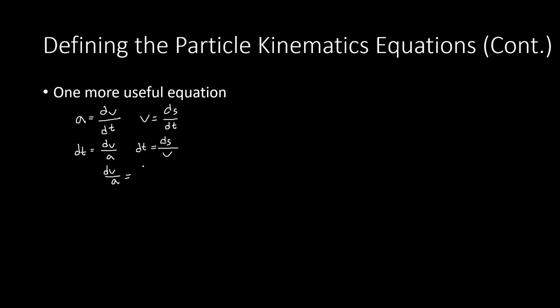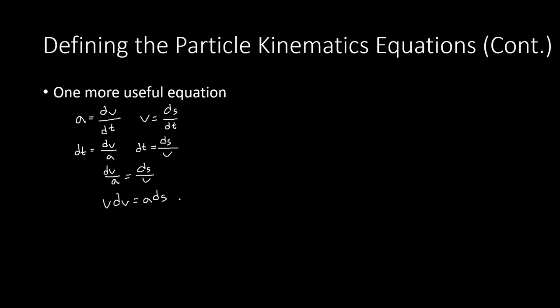dv over a is equal to ds over v. So we have a v and a dv here, so those are going to be most useful when paired together. So let's go ahead and start with that. We'll move the v over here and the a over here. So we have v dv is equal to a ds.